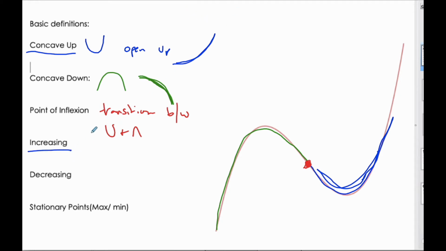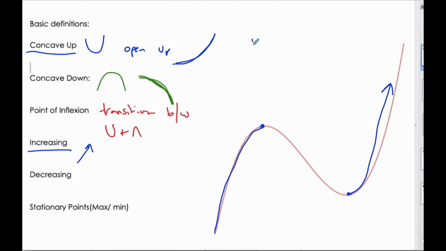If I want to consider graphs increasing, that's whenever the graph is going upwards. I can clearly see the graph is going up all the way here, up until here, and then it goes up again here.